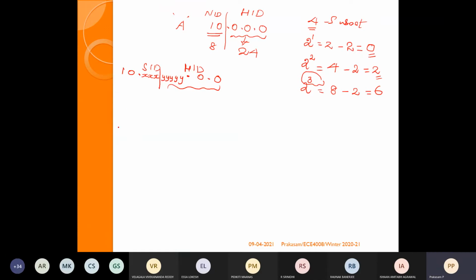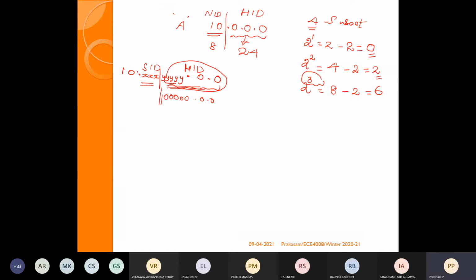Now for the subnet ID, we are not considering all the other bits. Only depending upon these values are we going to assign the respective subnet ID. Because for the subnet ID, the starting host ID is always 0, so here it will be 0 only. We are not bothering about that.